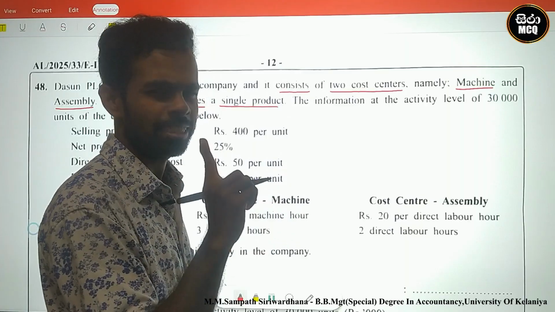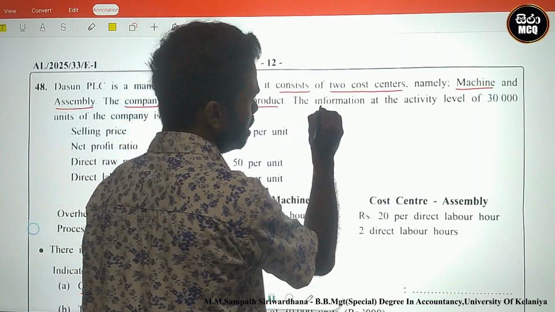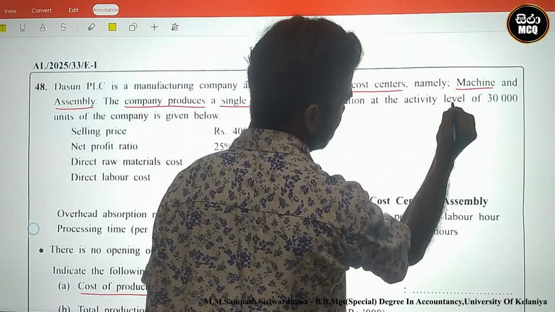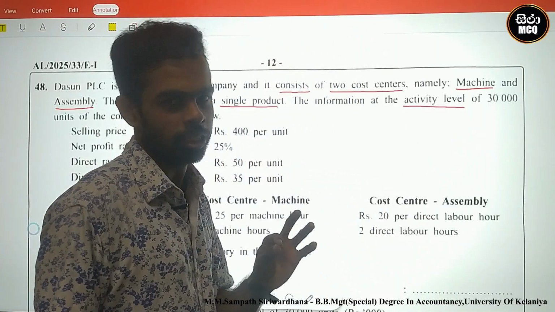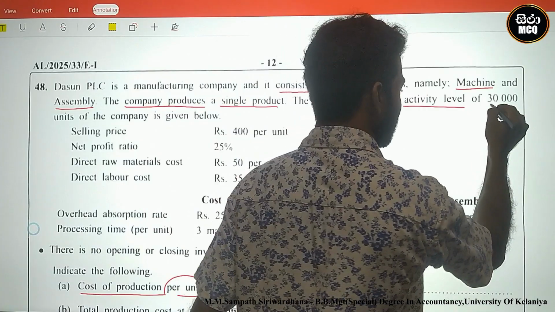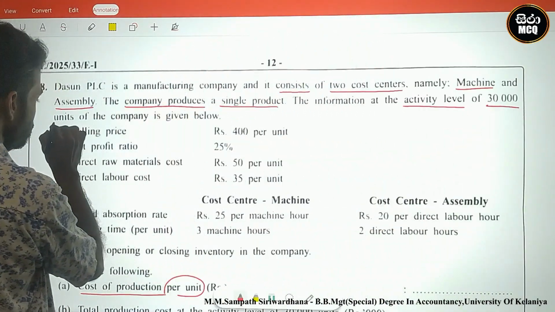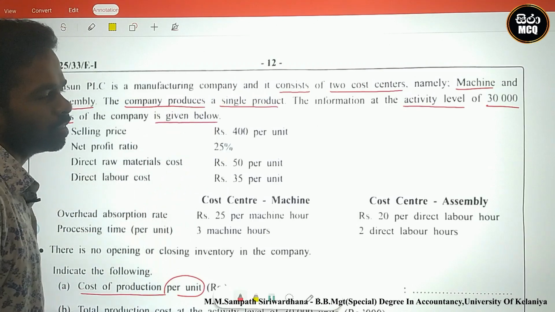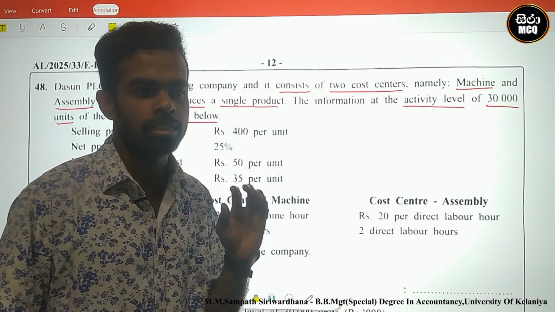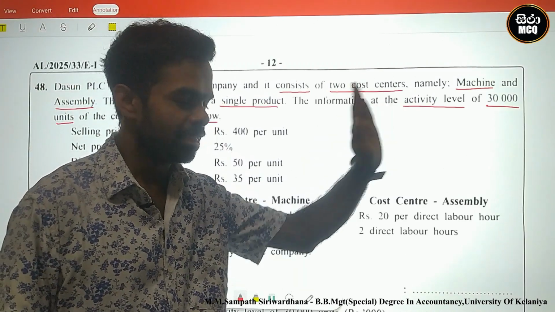Only one product is produced. The information at the activity level of 30,000 production units of the company is given below.